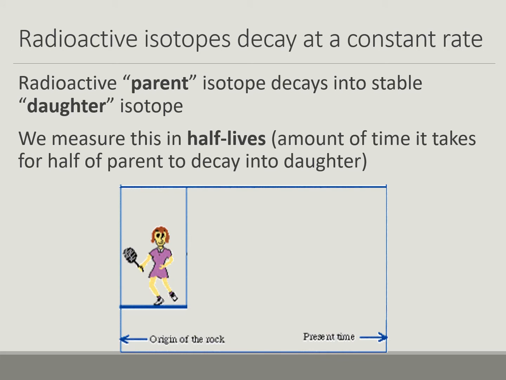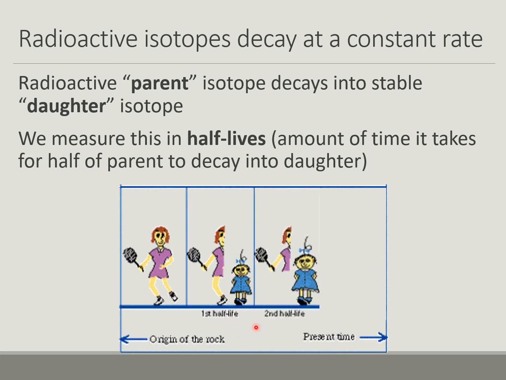So let's say here, let me get my pointer. Okay, we have the formation of, let's say, a rock, and the isotopes within the rock have 100% parent isotope, radioactive, no daughter isotope. After one half-life, half of the parent isotope has decayed into the daughter isotope.